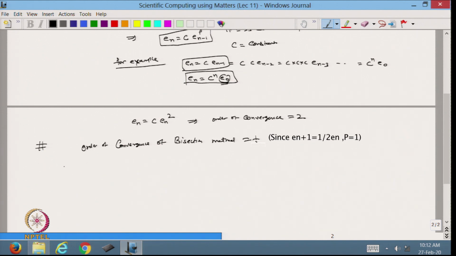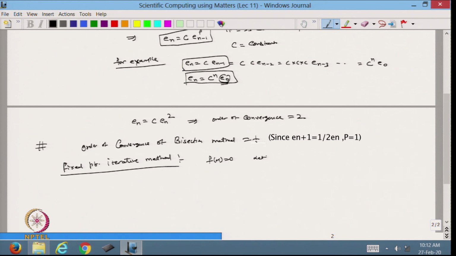Now we define another method, the famous one, the fixed point iteration method. It will use the fixed point theorem. For example, I have my function f(x) equal to 0. This is my equation, and I want to find the root of it.